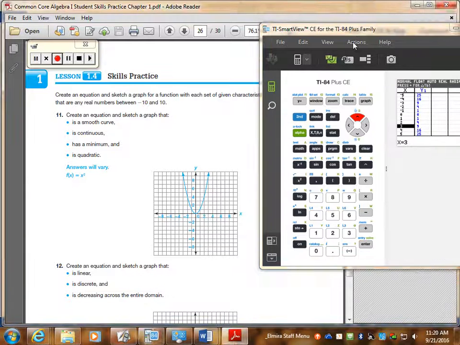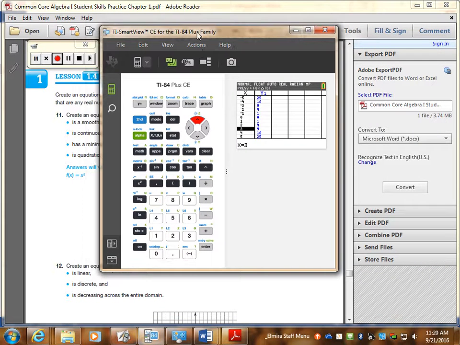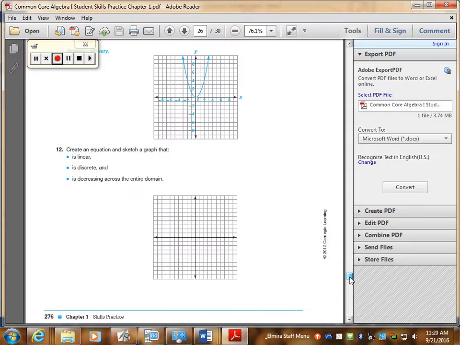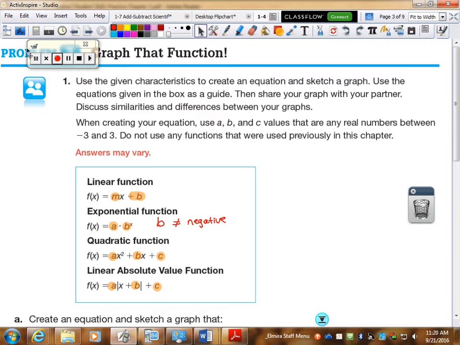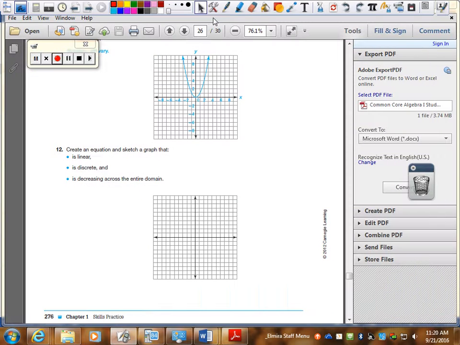So let's say we were doing the next one. The next one, let me minimize this. Number 12 says is linear. So I should be thinking of mx plus b. So f of x equals some sort of mx plus b.